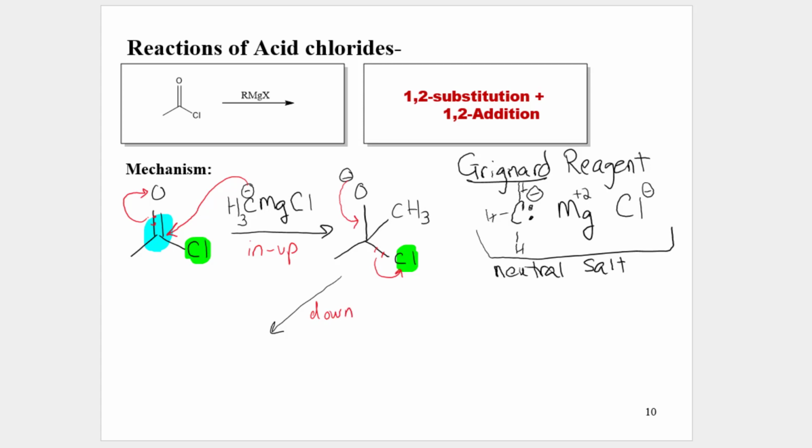Down and out, regenerating the carbonyl. I'm going to number my atoms. 1, 2, 3. 1, 2, 3. Notice I just made a ketone.